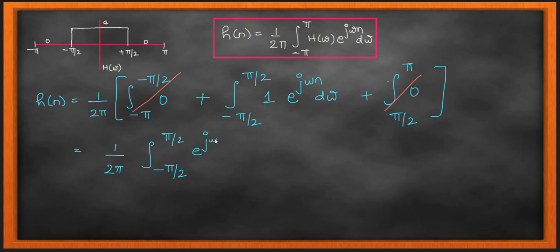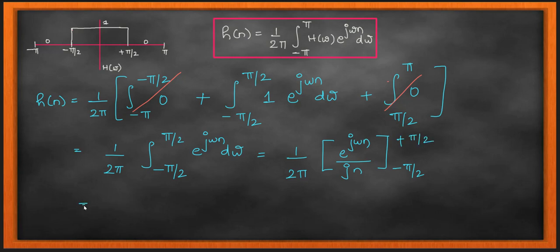If I am doing this right, I am going to get sine(pi n by 2) divided by pi n. I know this because I have seen it many times, so I'm able to tell it, but you may have to do these steps to reach it.